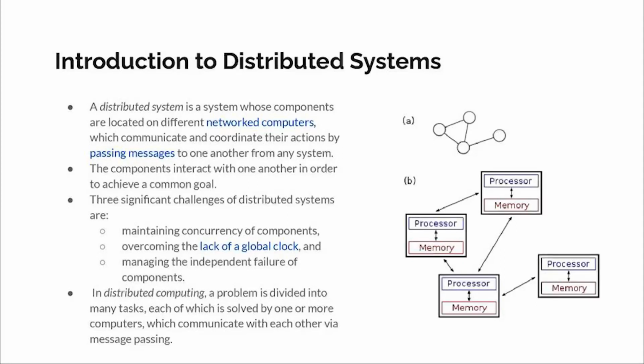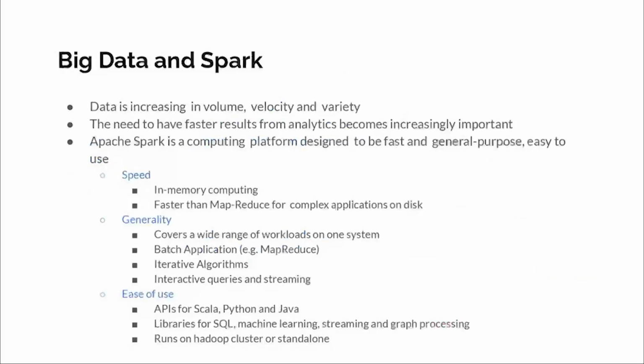In a distributed system setting, a problem is divided into many small tasks, and each small task is solved by one or more computers, which communicate with each other via messages in an asynchronous setting. This is the overall idea of a distributed system. Now, why do we need distributed systems?